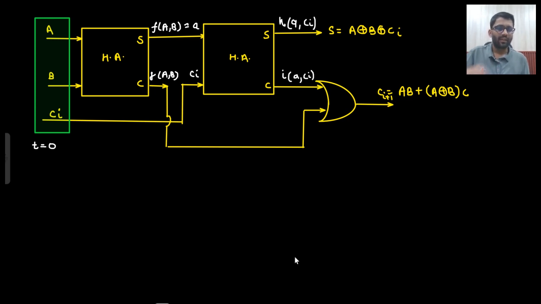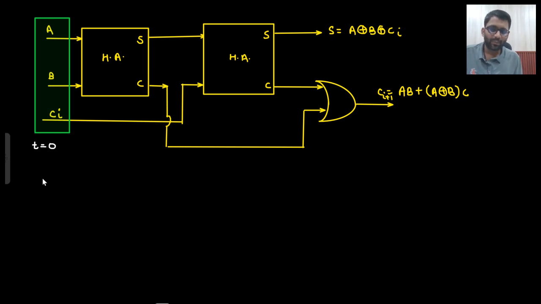So what do you understand by that? This output will depend on both of these inputs, and this output will depend on both of these inputs. Now let's remove it. I just wanted to give you this point, that both outputs of a half adder will depend on both of its inputs.